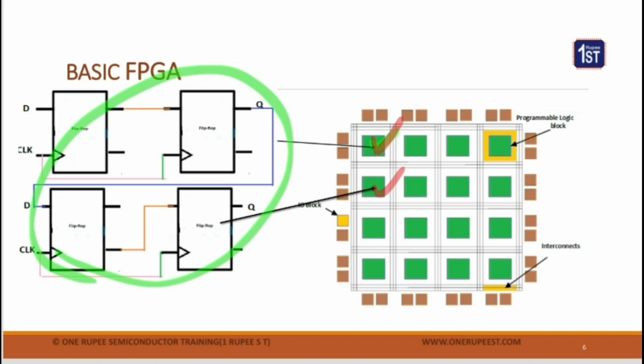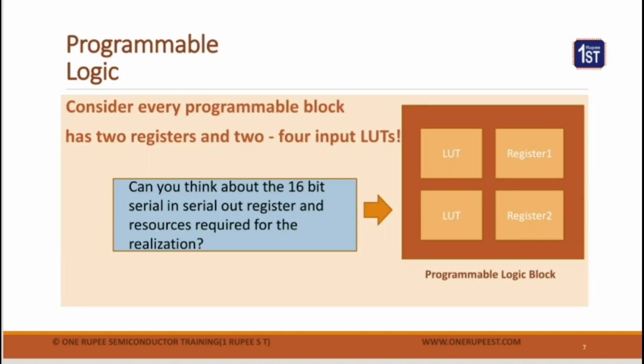So we have an RTL, and then how that RTL will reside in a particular FPGA's resource, which can be a configurable logic block or any other block. So programmable logic or configurable logic.